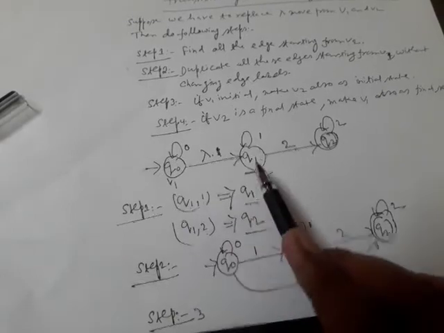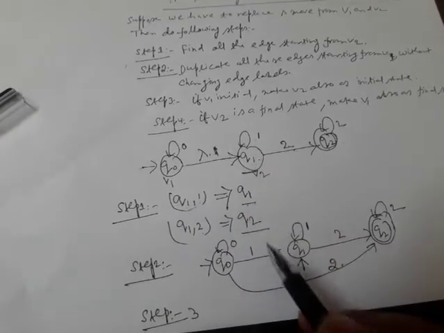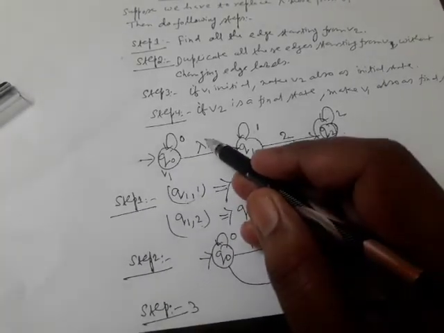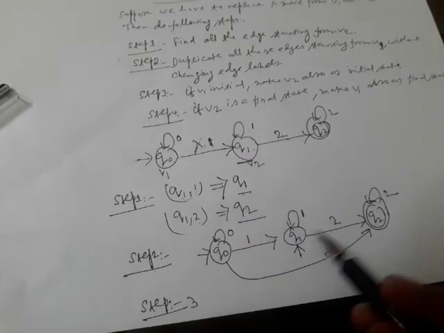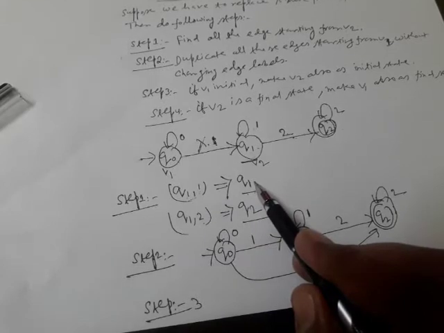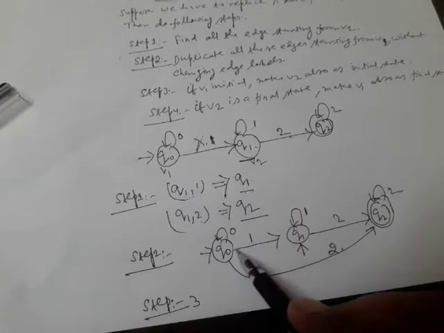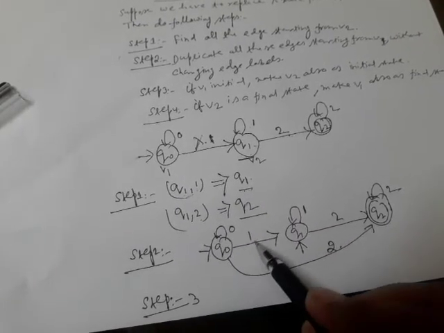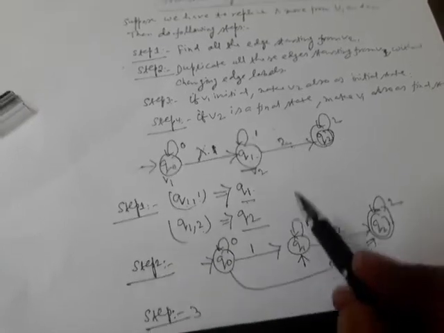Now you can see step number 2. q1 taking 1 reaches q1. So here we have to remove this null move between v1 and v2. So from q0 we have to write the same thing: q0 taking 1 goes to q1.